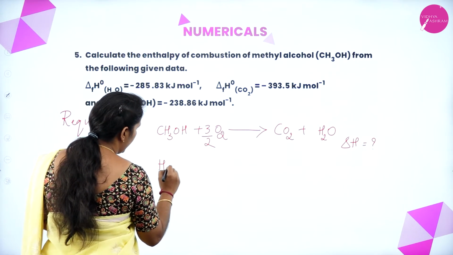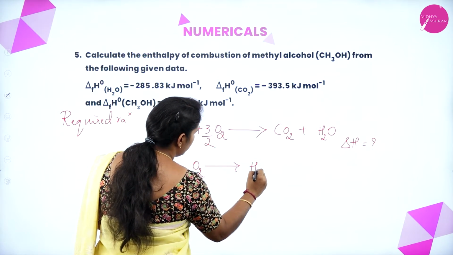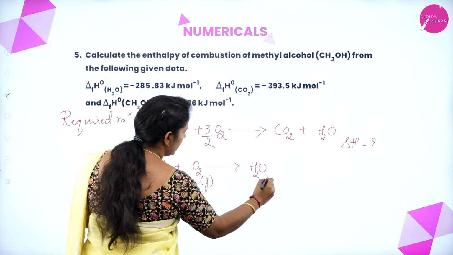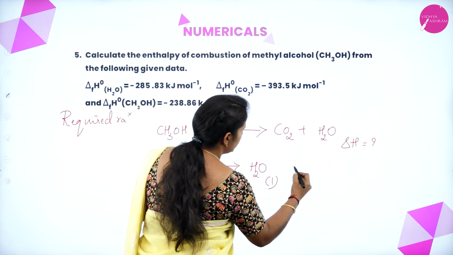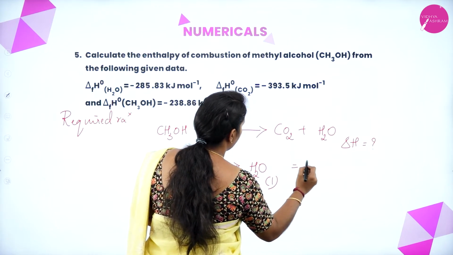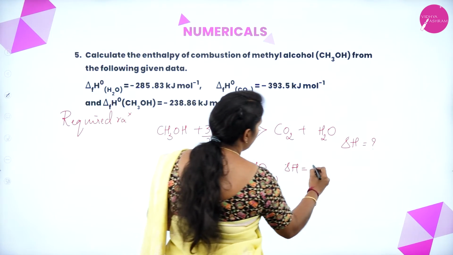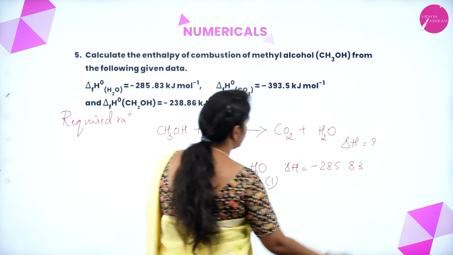So, hydrogen combines with oxygen, giving rise to water molecule. This is a gas, and this is a liquid water molecule. What is the change in enthalpy they have given? Change in the enthalpy is equal to minus 285.83 kilojoules.